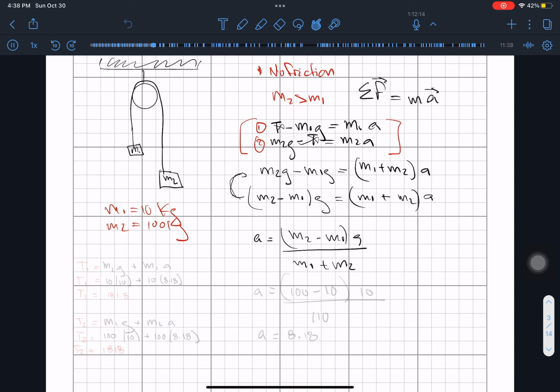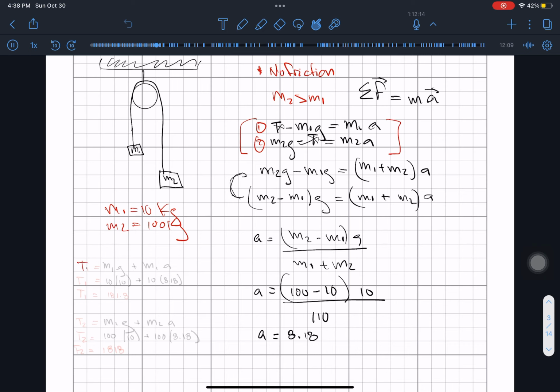So now we just plug in the values into the equation, which is 100 minus 10, all that times 10, over 110. The acceleration is going to be equal to 8.18.